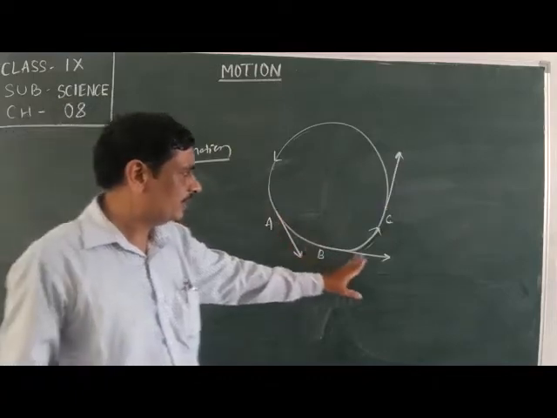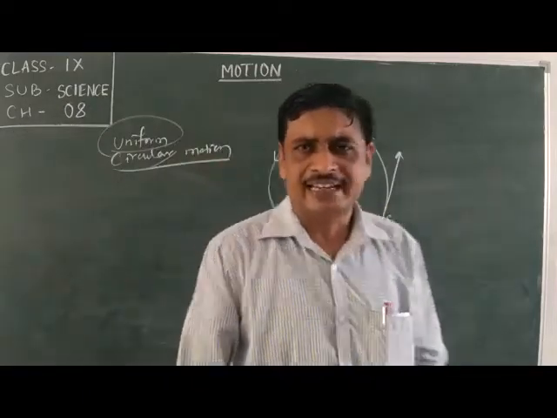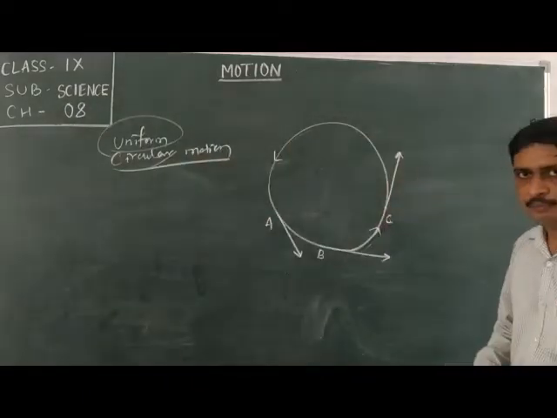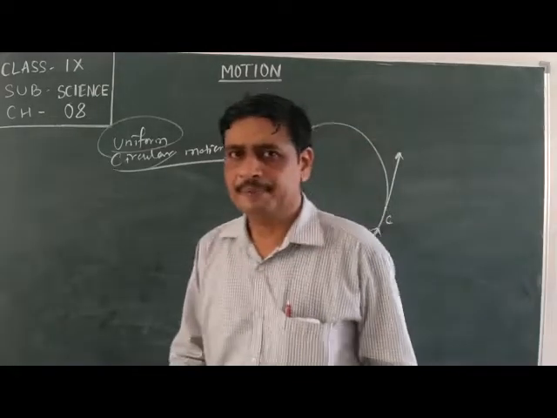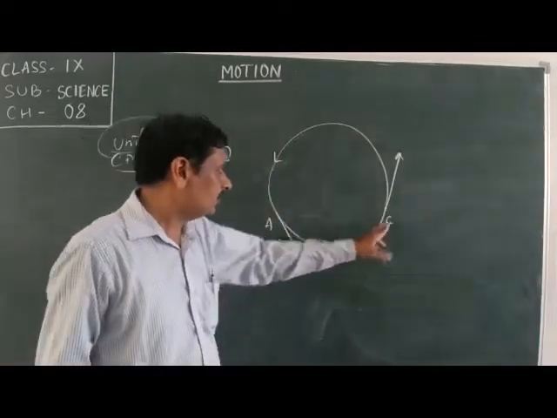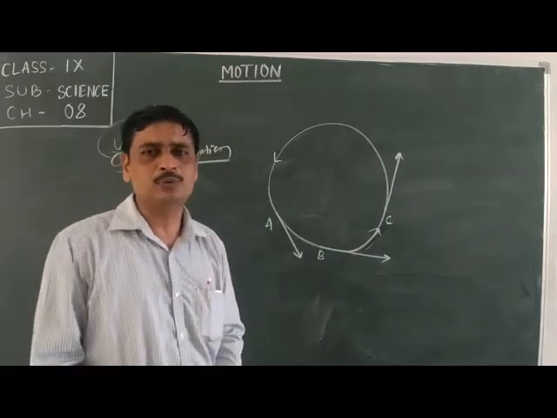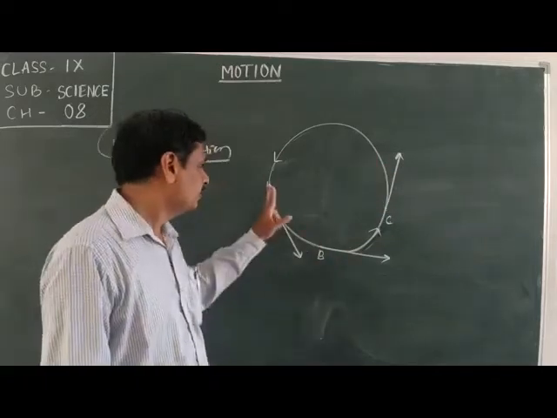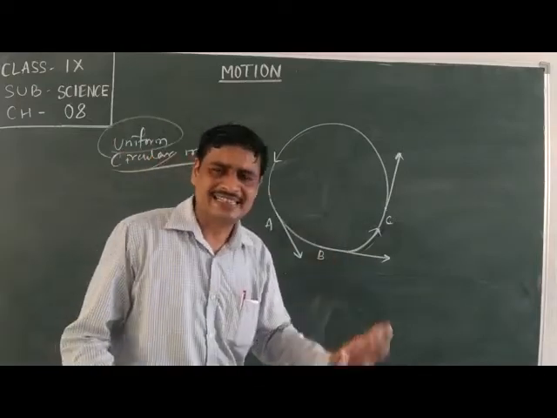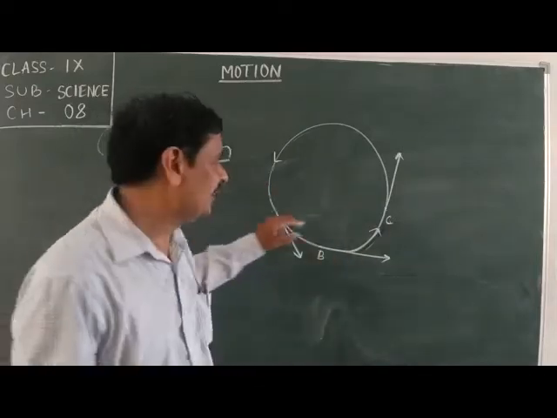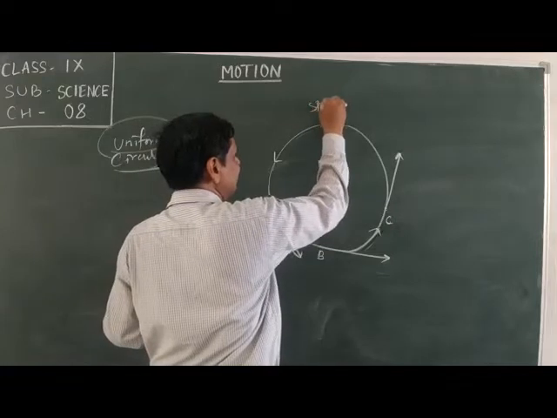In this way, the direction of velocity is observed, but the directions at every point on this circle are different from each other. So the direction of velocity changes at every point, even if speed is constant.